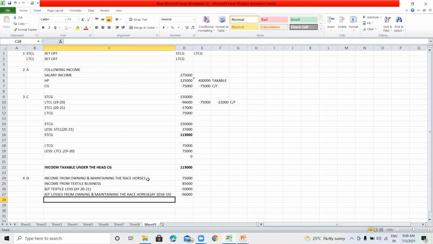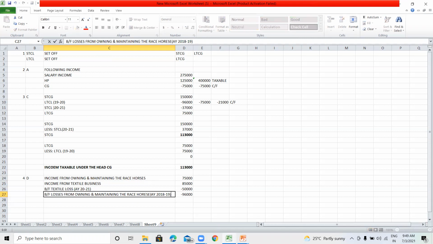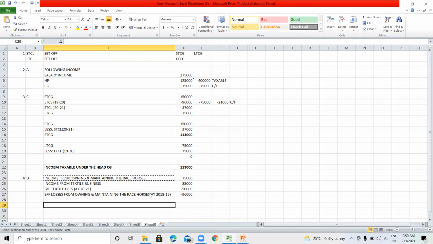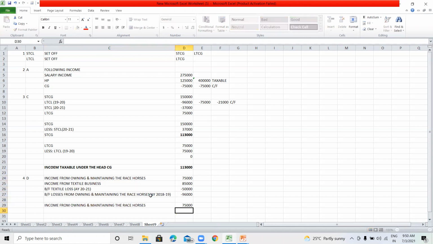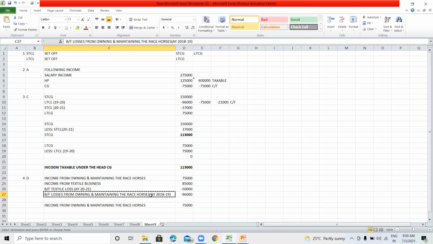It is 75,000 rupees. But there is the brought forward loss.